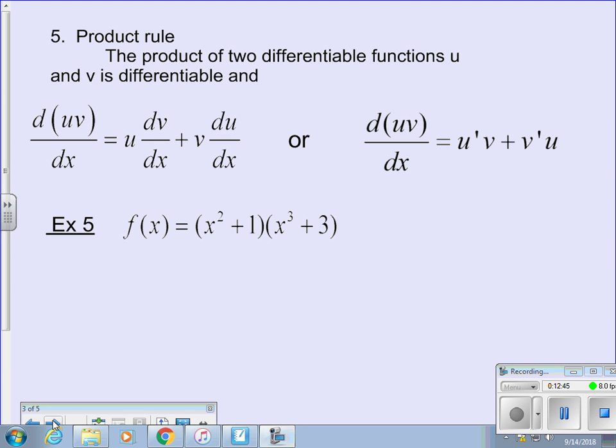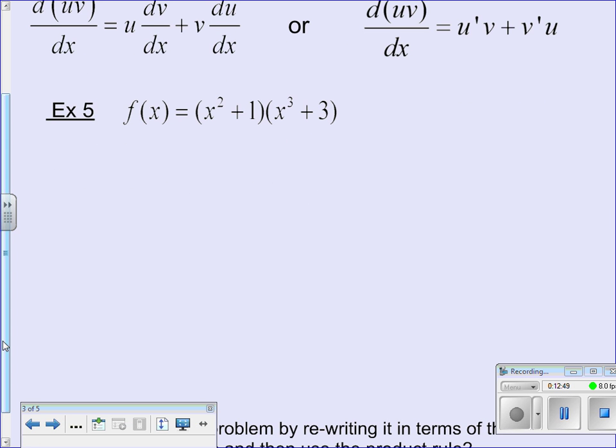Okay. So, for example, f prime of x equals, if this is my first object, the derivative of x squared plus 1 would be, what? 2x.